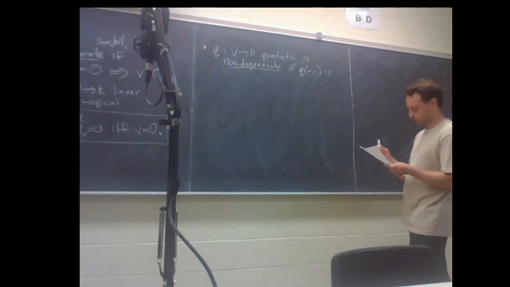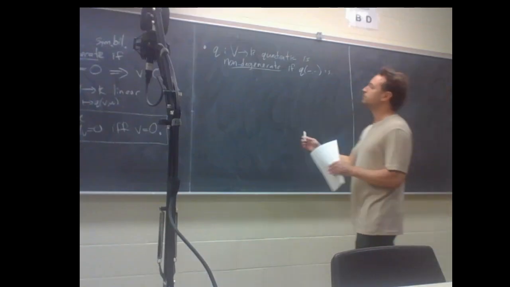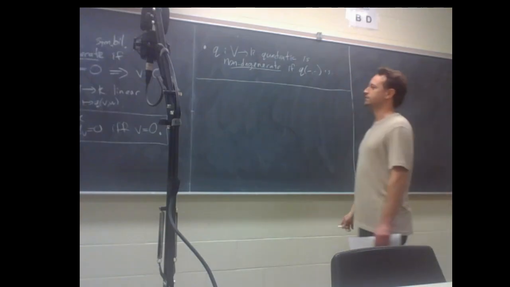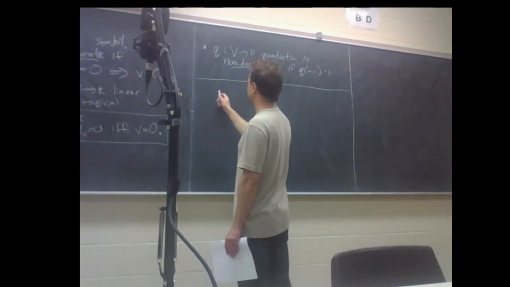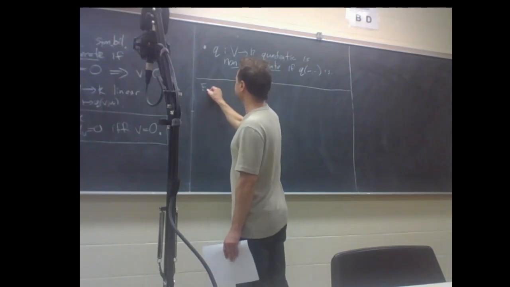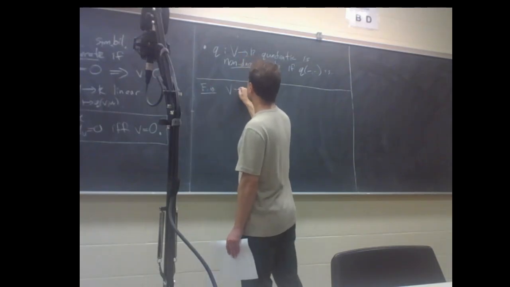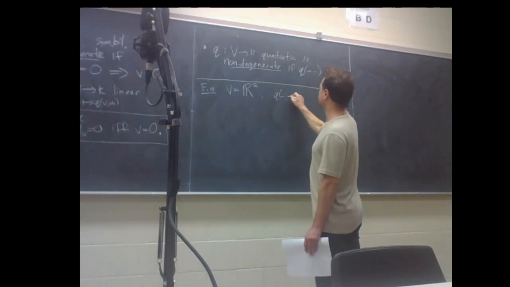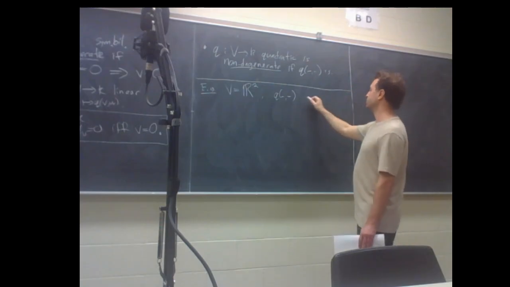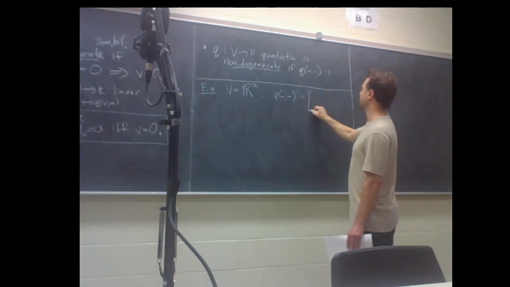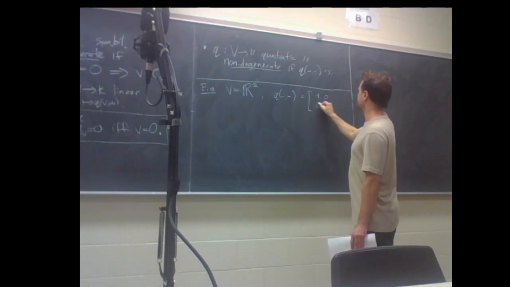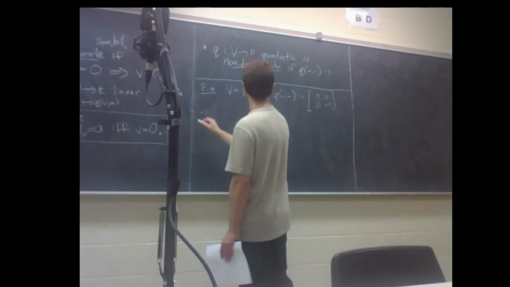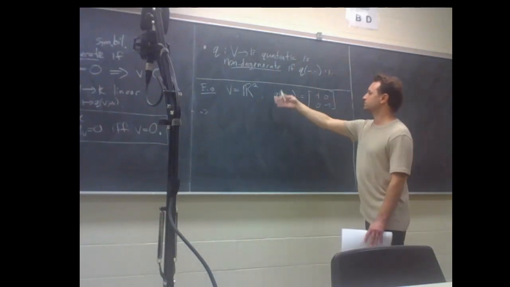Okay, so maybe we'll look at an example just to show that I'm not talking crazy. Let's take V as R2. A symmetric bilinear form could be represented by a symmetric matrix, and we're going to take this symmetric matrix that we've chosen in terms of the standard basis.